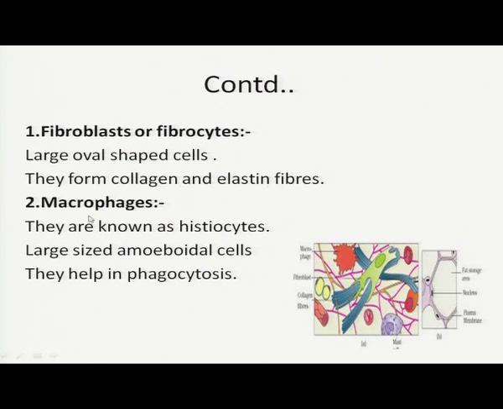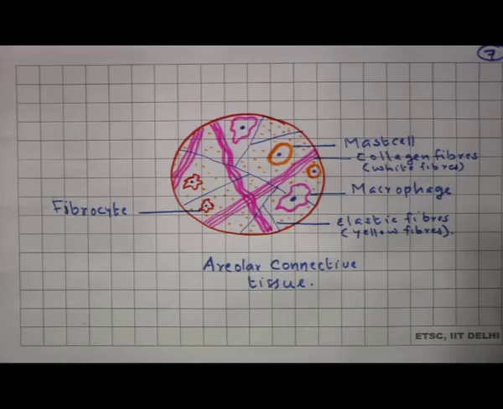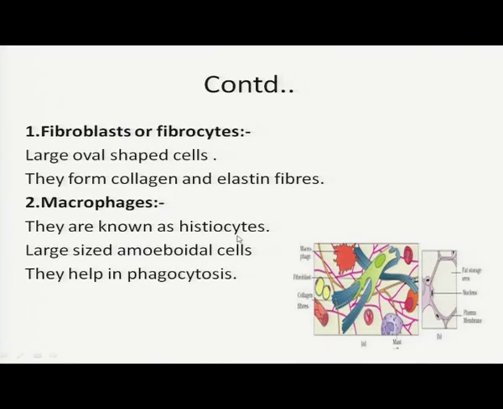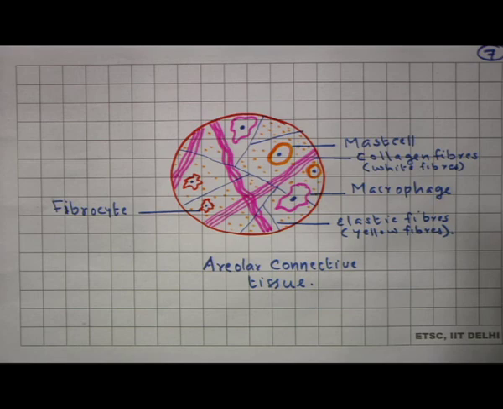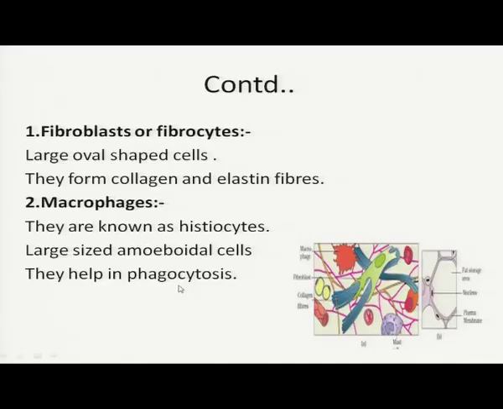Now, the second category is macrophage cells. Their other name is histiocyte. They are large, amoeboidal, irregularly shaped cells, and they help in phagocytosis, eating away foreign particles.